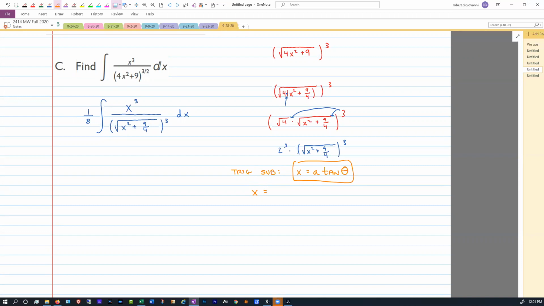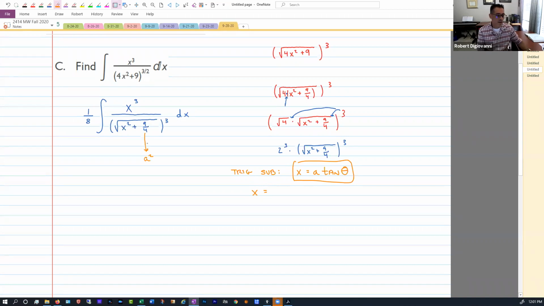Okay, someone want to help? Would it be 9/4? Okay, so that's a squared, right? So it would be the square root of it. So it's the square root of that, which is just 3/2, right? You just take the square root of each, the top and the bottom separately.